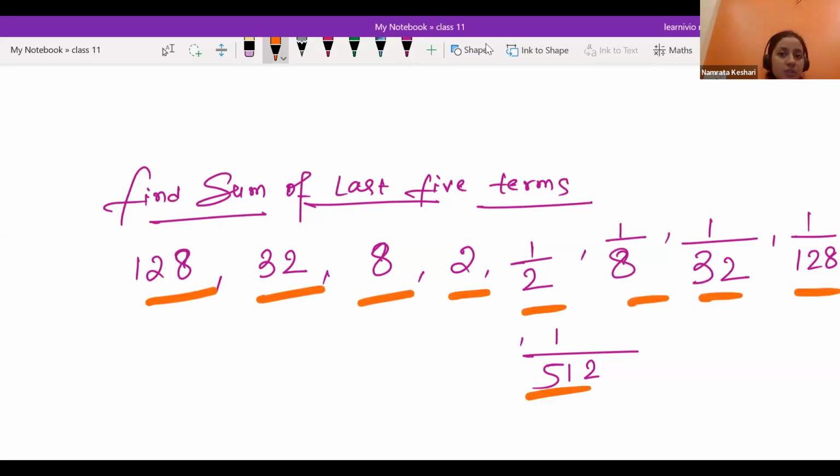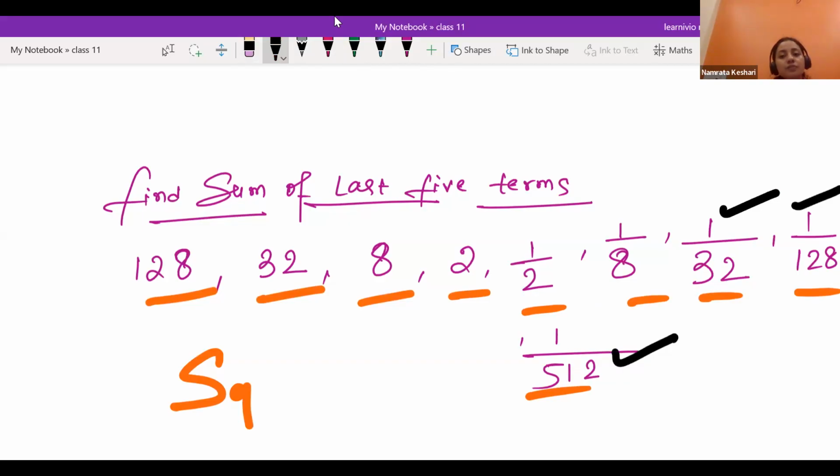Total 9 terms are there, so you can find the sum of 9 terms. But you don't need the sum of 9 terms, because the question says we just need to find the sum of the last 5 terms.